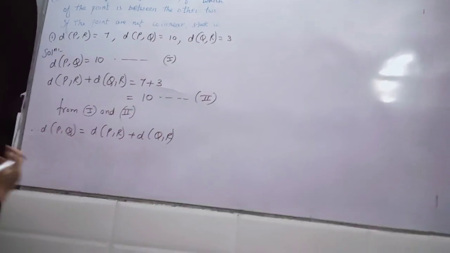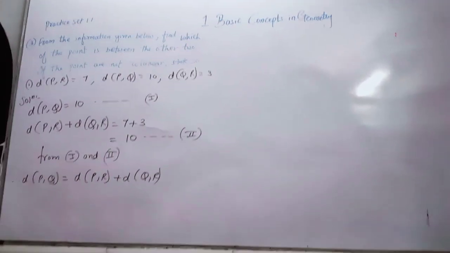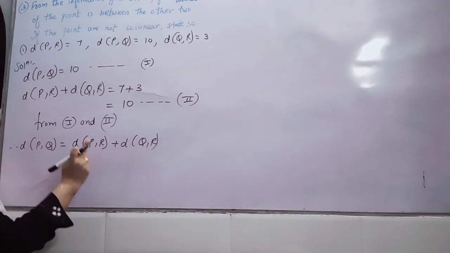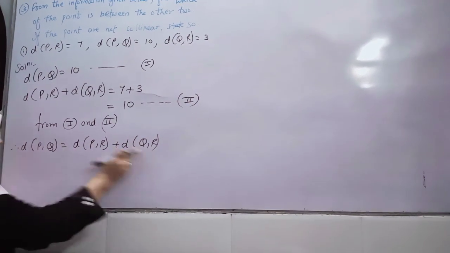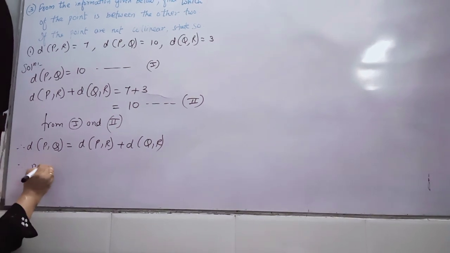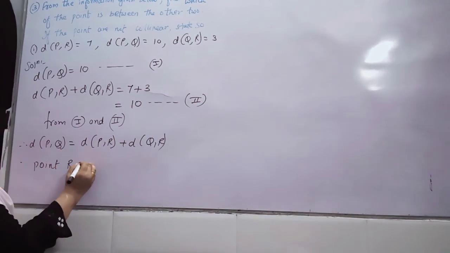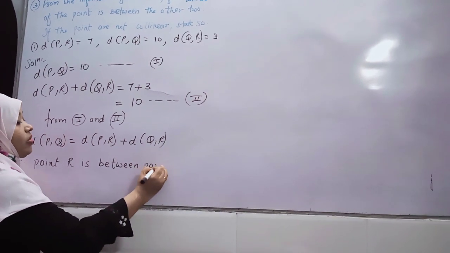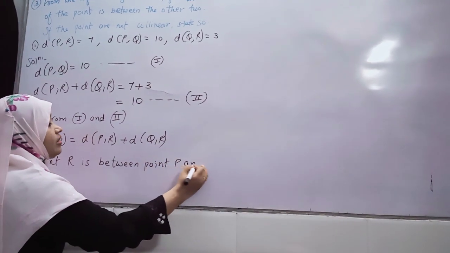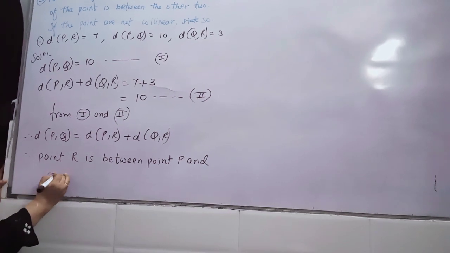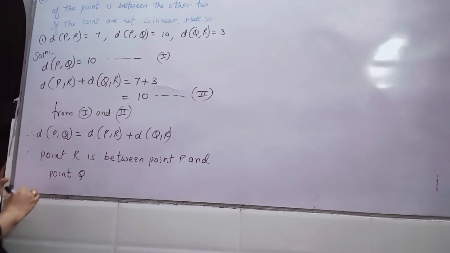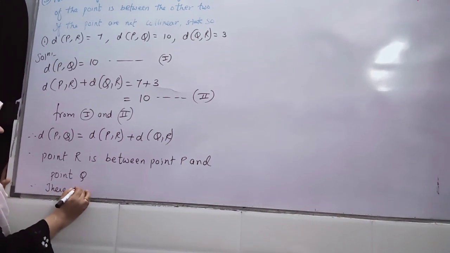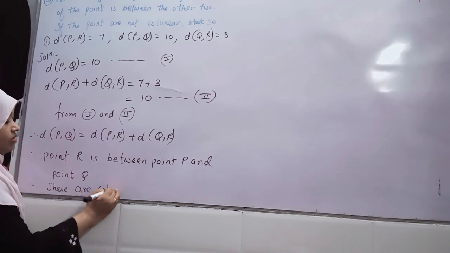Now how do we show which point will come between which points? So here we write: point R is between point P and point Q. So therefore they are collinear.